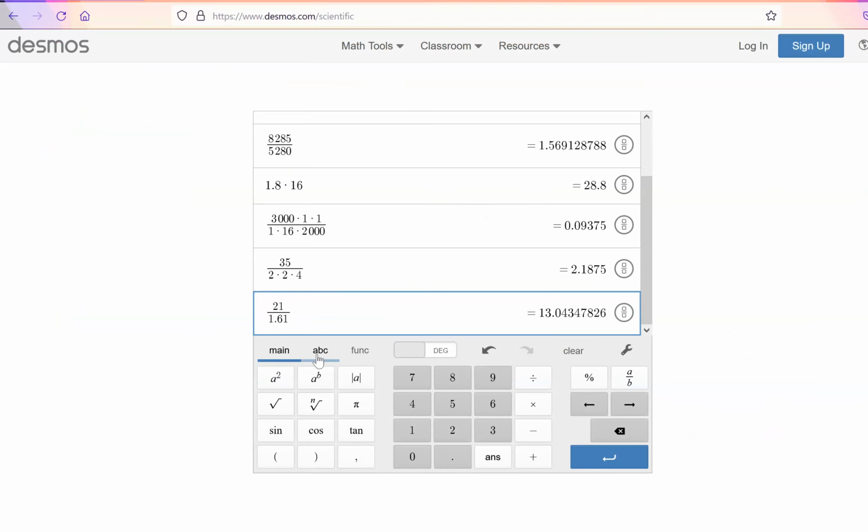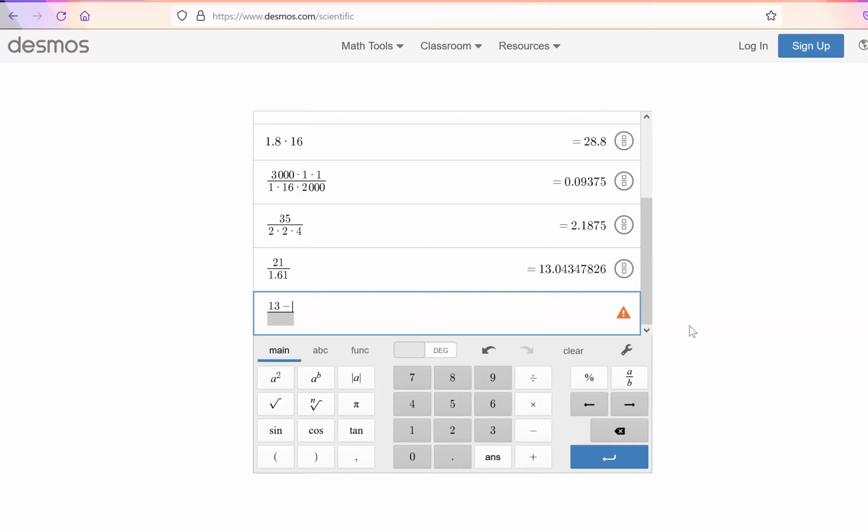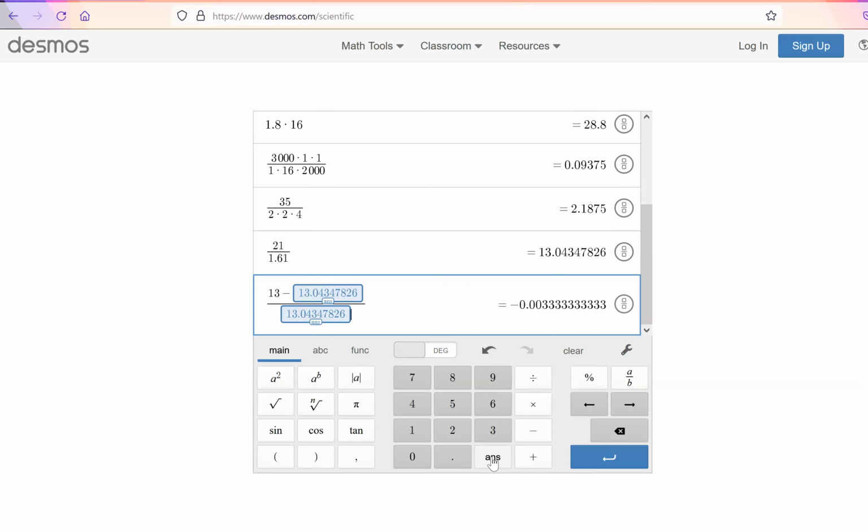So with the calculator, I'm going to separate my fraction up. I'm going to do 13 minus, and then you can copy and paste, or you can use this answer button. So this ANS is going to grab the number exactly from up above. And then I want the same thing in the denominator, so ANS for answer.